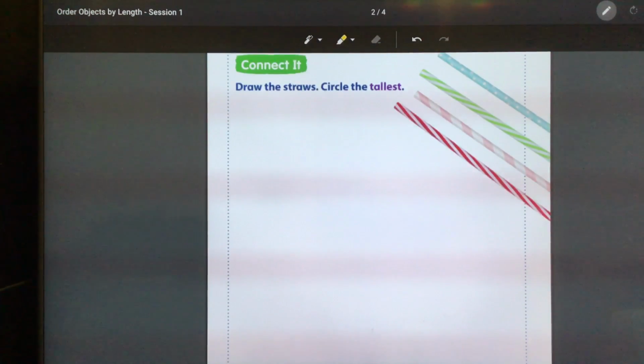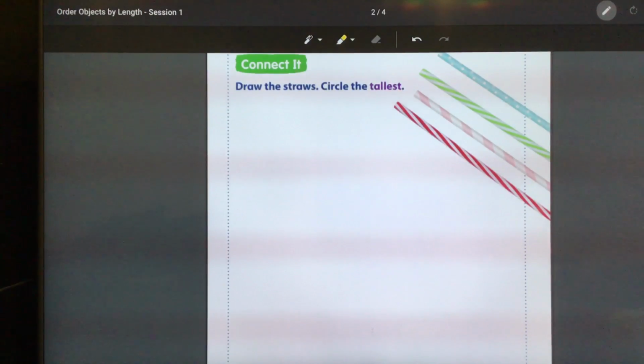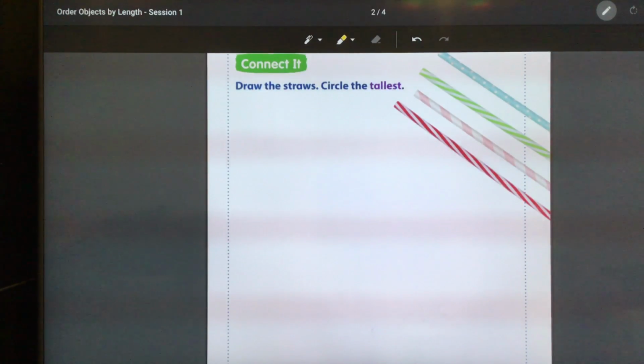Now it says to draw the straws, circle the tallest. When you're talking about something that is short or tall, those are going up and down on a page instead of across. Especially if you think about a straw goes up and down like in your glass, it does not go across.